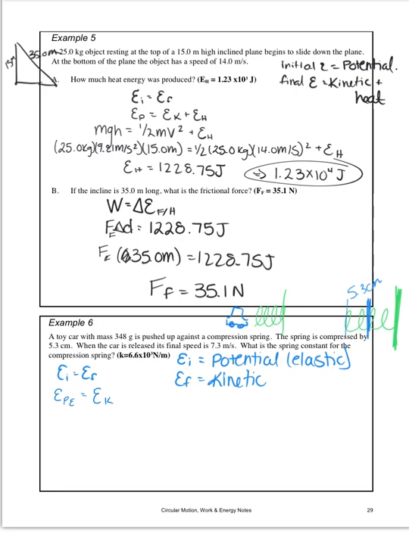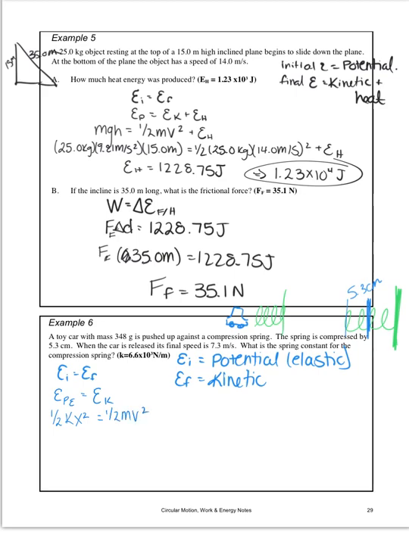Elastic potential energy is on your formula sheet underneath potential energy, the gravitational form. So this is 1/2 kx squared, where k is the spring constant and x is how far that is compressed. And this equals 1/2 mv squared.